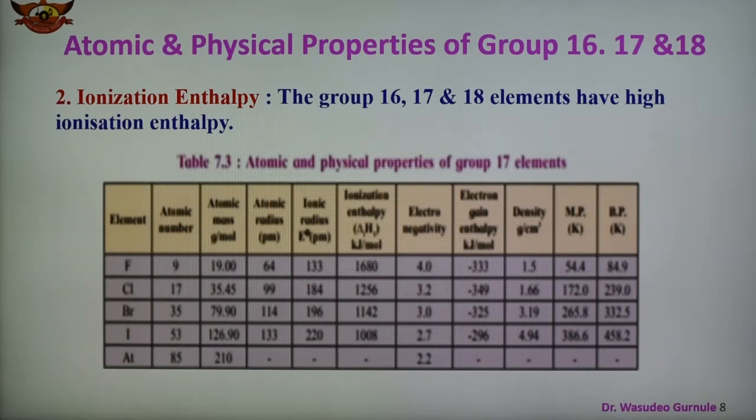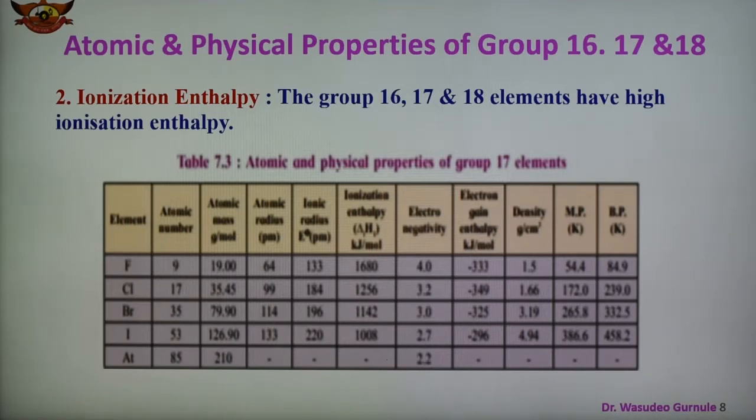In group 16, oxygen has a very high ionization energy, and the decrease from oxygen to polonium is due to the increase in size of the atom and the increase in the screening effect of the electrons belonging to the lower shells. So we can say that ionization enthalpy increases from left to right in the period, and decreases as we go from top to bottom in the group.